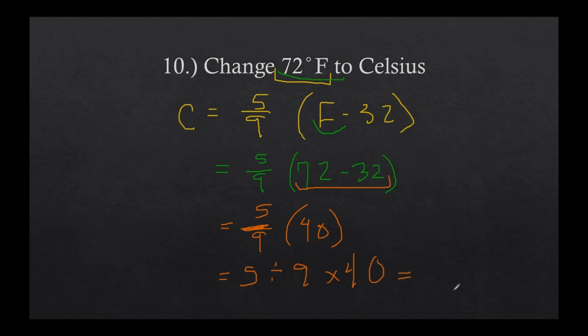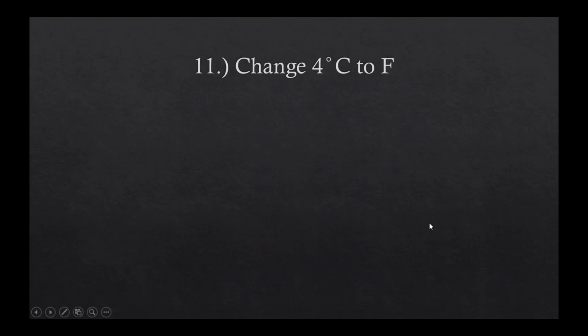And it will yield you a fabulous answer of what? 22.22. Very good. And that would be degrees Celsius because that is what we changed it to. Okay, twos are wild here on question number 10. Right? Play deuces wild, do a little poker action going on. All right. Okay, so why don't you guys try the next one?